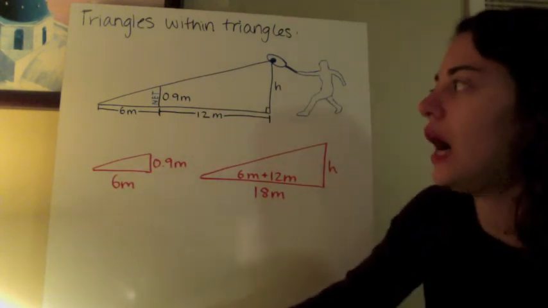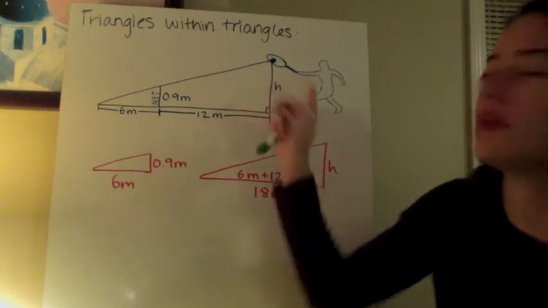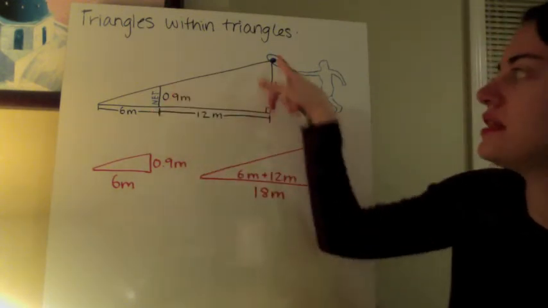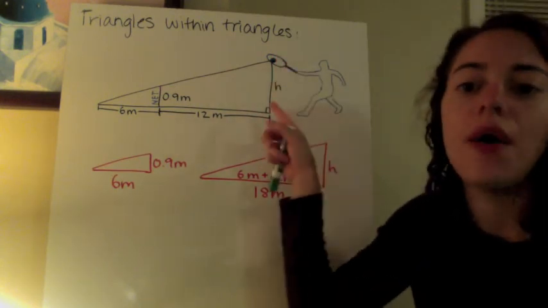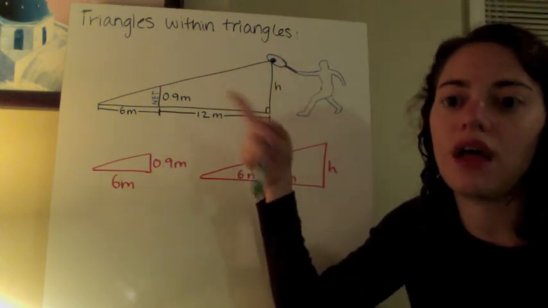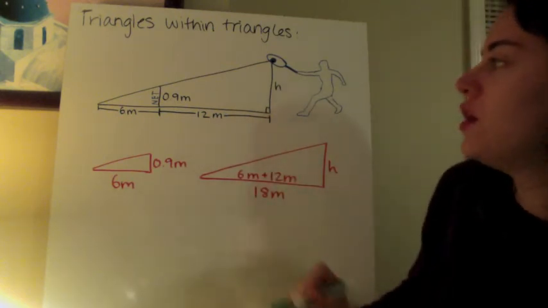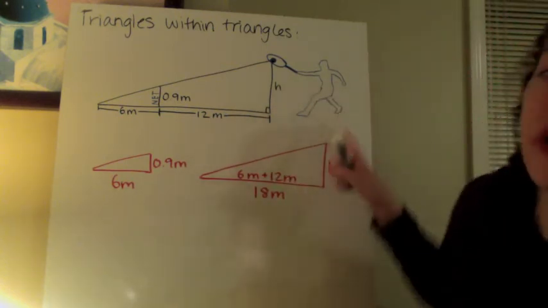These ones are really common, especially if you can't actually measure one of these lengths. So maybe this isn't the height of this tennis player and the ball, but maybe it is a lake or a mountain or something where you can't actually measure it. So here I have a tennis player.